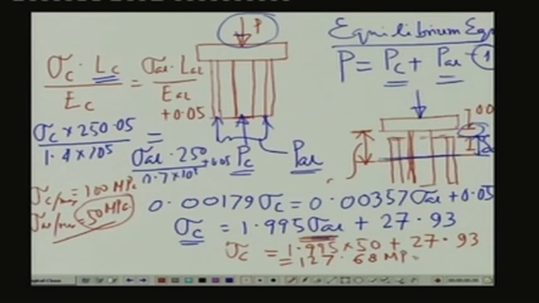MPa. Now, since the maximum allowable stress in copper is 100 MPa, we cannot afford to go up to this level. Hence, we cannot apply a stress in the aluminum up to 50 MPa, because if we go up to 50 MPa in aluminum, then the stress expected in the copper rod goes beyond the allowable 100 MPa.